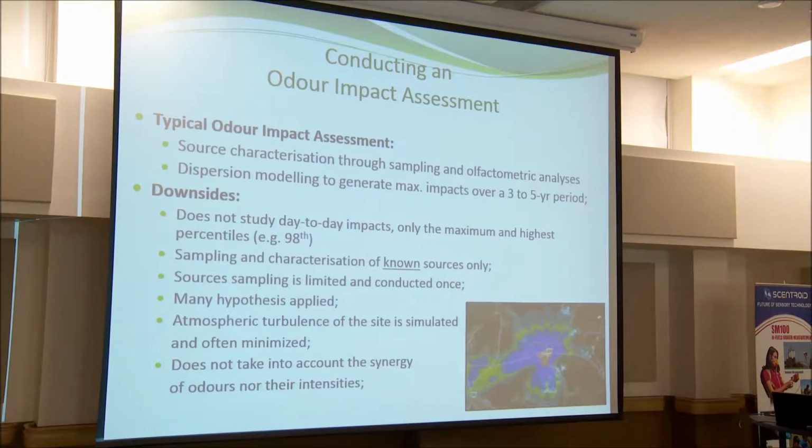So there's a lot of turbulence and hypotheses going on on site that are not generated in dispersion modeling. And the synergy of odors is not taken into account, nor the intensities. We were talking about that with the annoyance level of Professor Neisel.